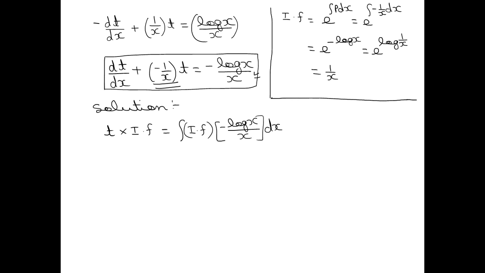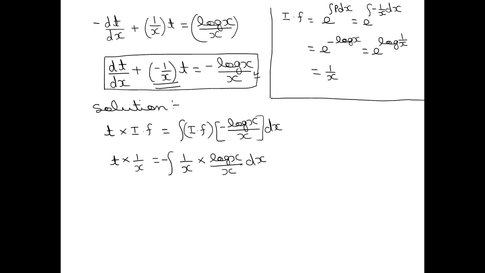So this is the overall integrating factor, and it looks like t into 1 upon x equals integration of 1 upon x into, let me take a negative sign out of the integral, so it becomes log x upon x dx.